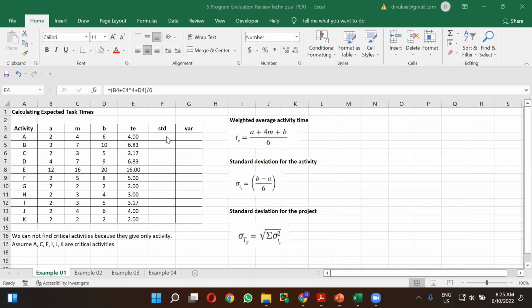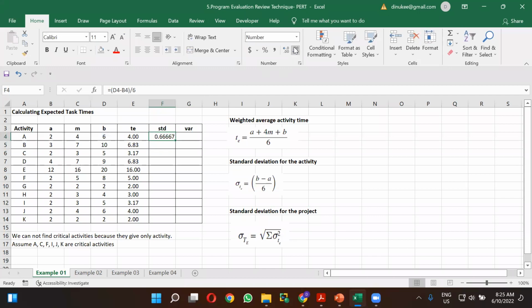So try to calculate the standard deviation for each of these activities now by using this equation. First you have to take the pessimistic time. From that pessimistic time you have to deduct the optimistic time, and you have to divide it by 6.